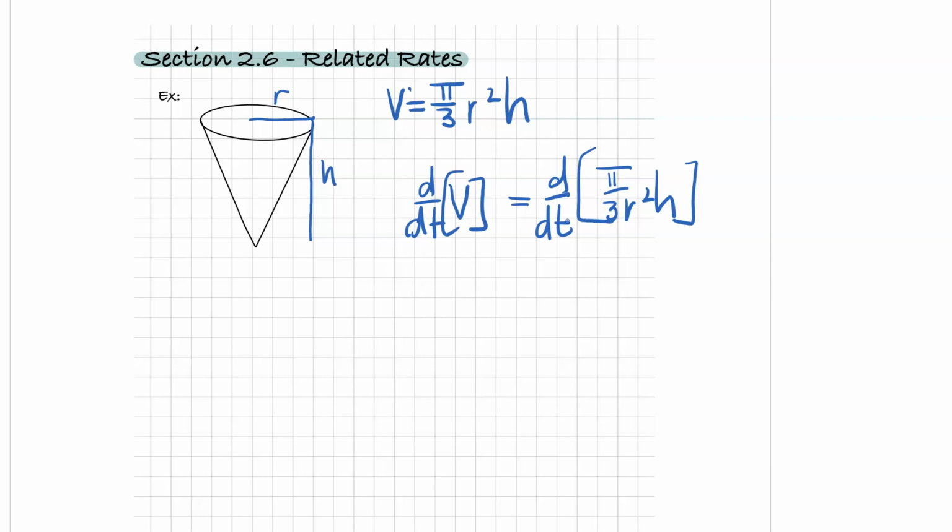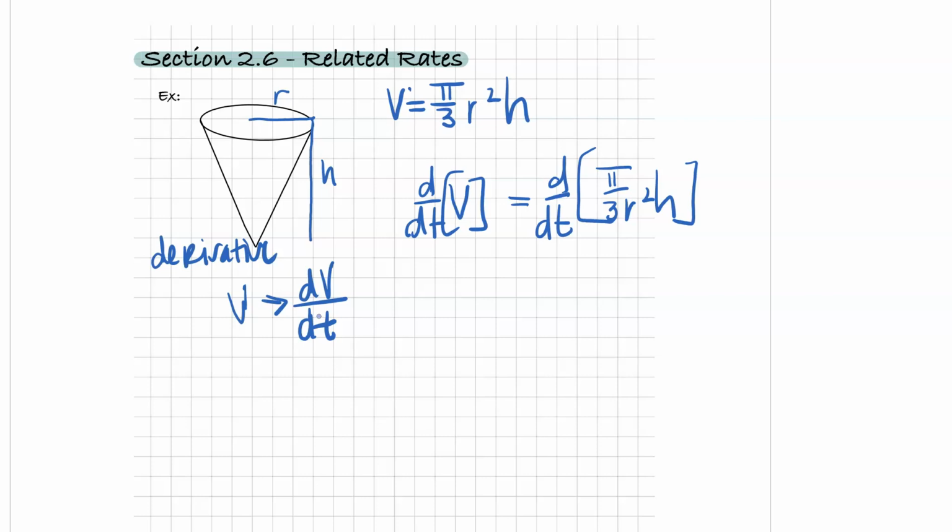And so if I take the derivative of that with respect to time, that means my V in terms of the derivative would be dV dt, the derivative of your volume with respect to time.